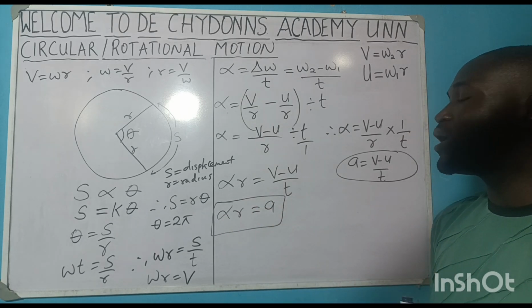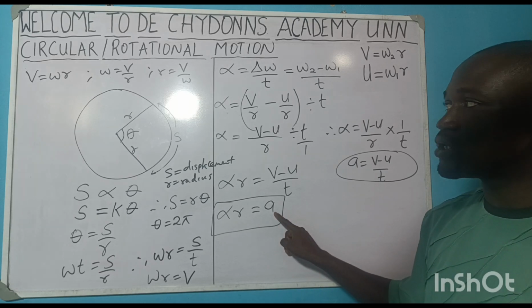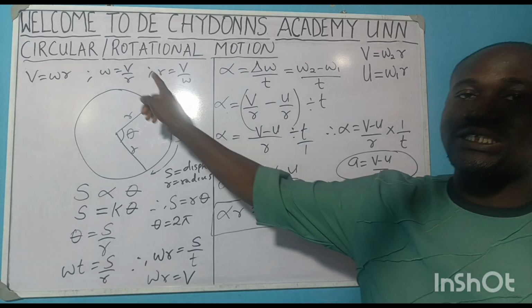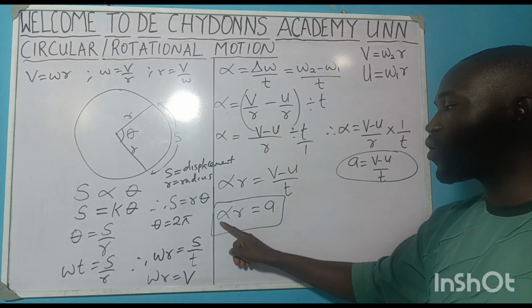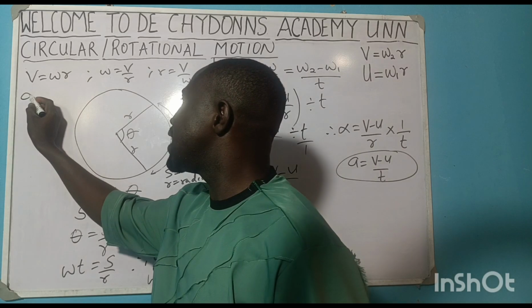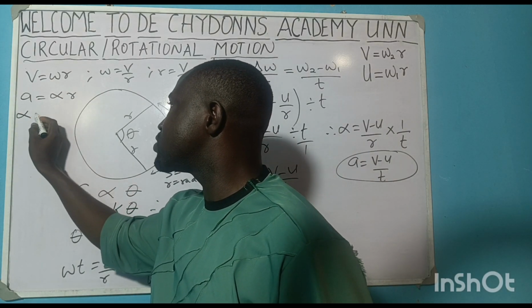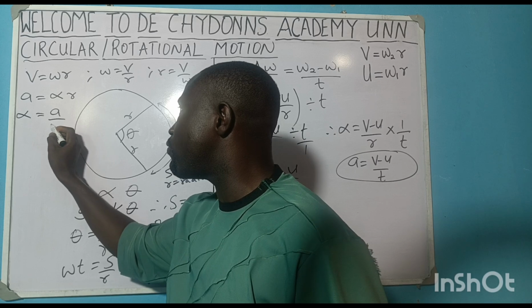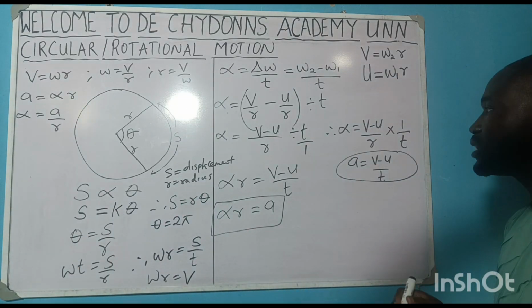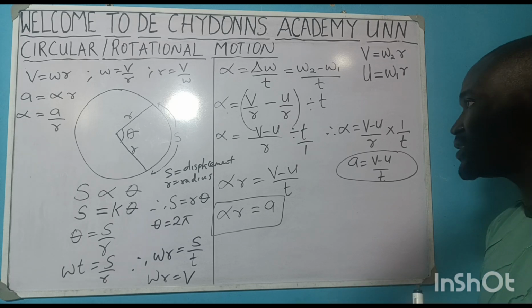Whenever you are asked to find linear acceleration for a body undergoing circular motion, say angular acceleration times radius. So linear acceleration equals angular acceleration times radius, and angular acceleration equals linear acceleration all over R. Very important to note them. We have noted this now.